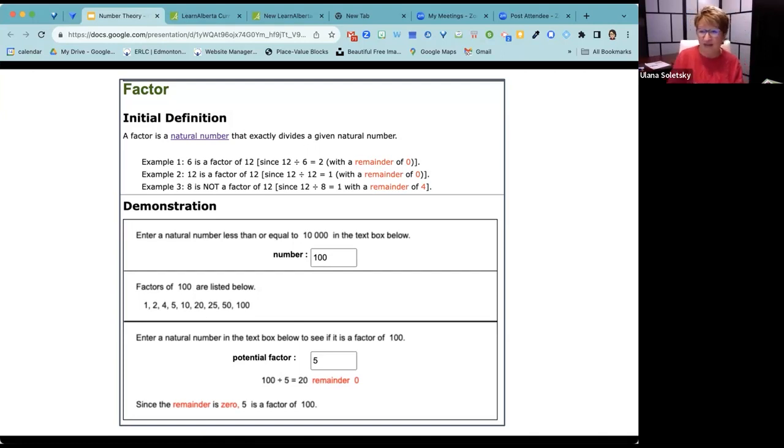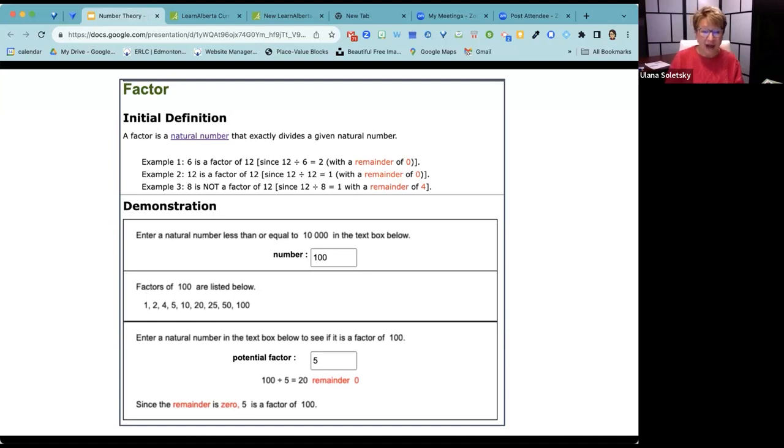If you click on that, you'll find the curriculum words, and it actually has links to definitions, like factor, for example. A factor is a natural number that exactly divides a given natural number. We can multiply factors to give us a product, and we can also divide a number by a factor to give us the other factor.